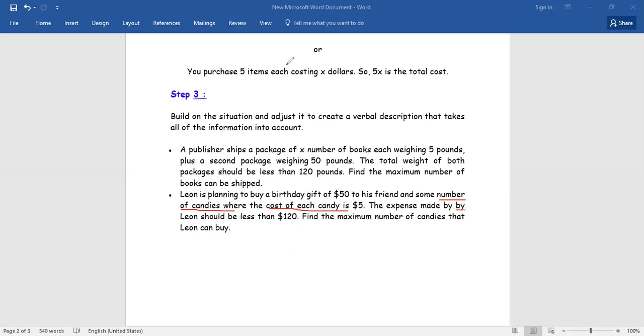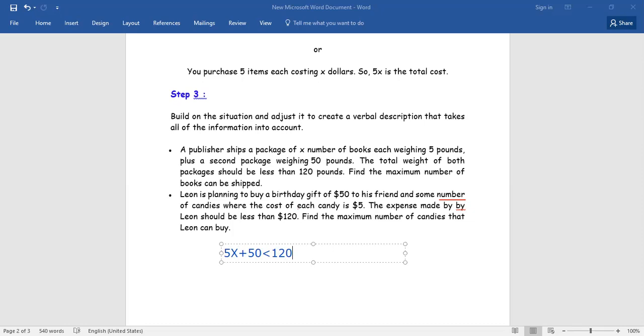So in this type of question, as I said, here in this one, we said 5x plus 50 less than 120. We said that x stands for the number of something.